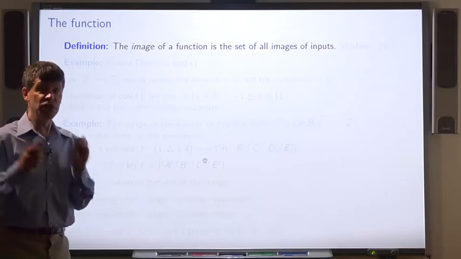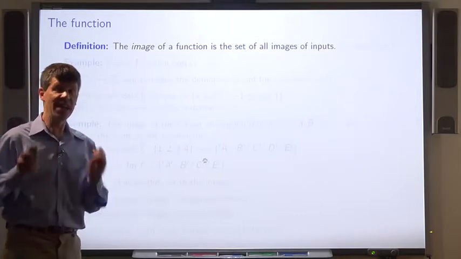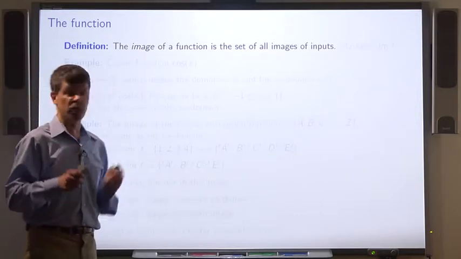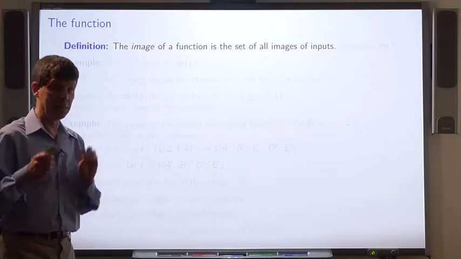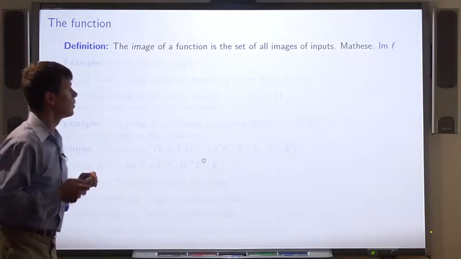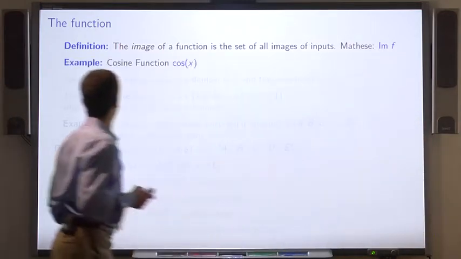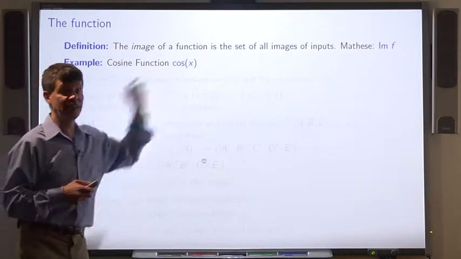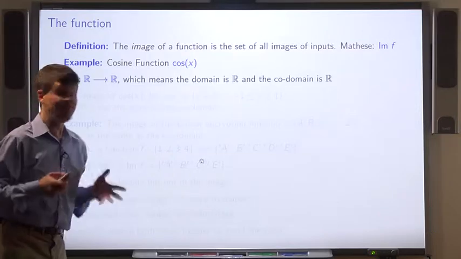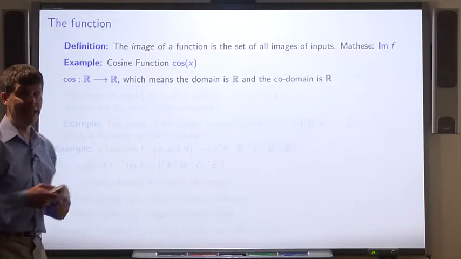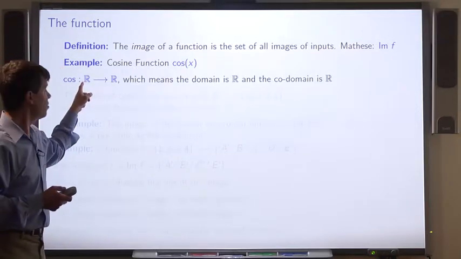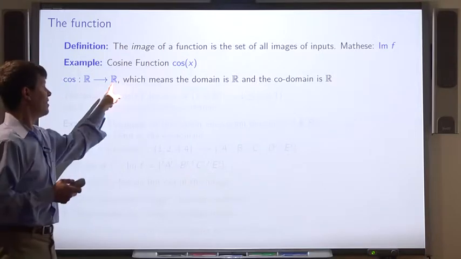Now, the image of a function is the set of all the images of the inputs, the images of elements of the domain. It's written im of f. For example, the cosine function. We can define the cosine function to have the domain, the set of real numbers, and the codomain also the set of real numbers.